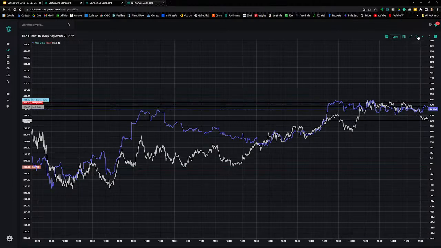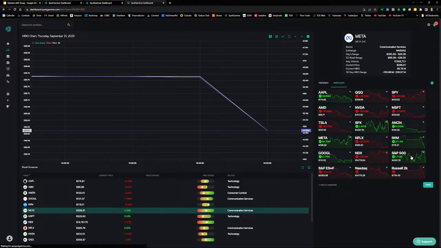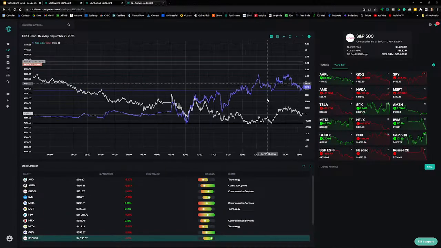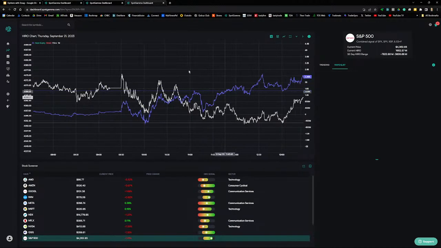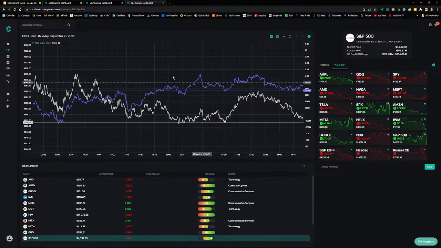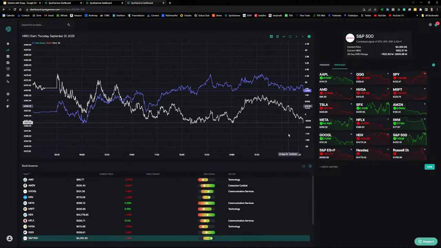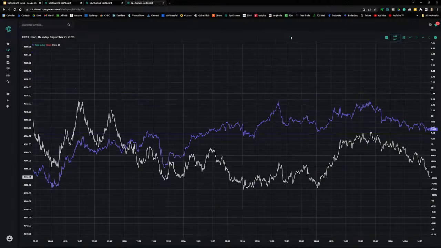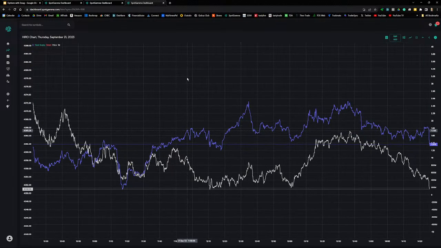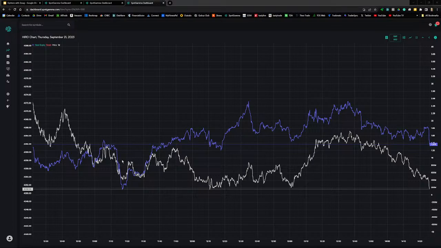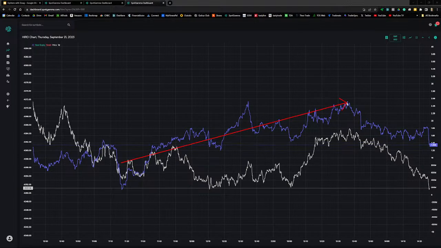All right, let's take a look. Let's go back to the S&P 500. Let's zoom in on this. So it looks like traders, if we look at the overall trend for Hero, trending up till right around 1:30, 1:40.